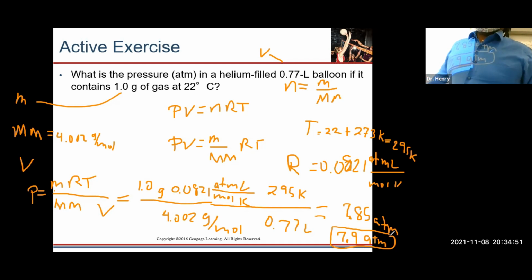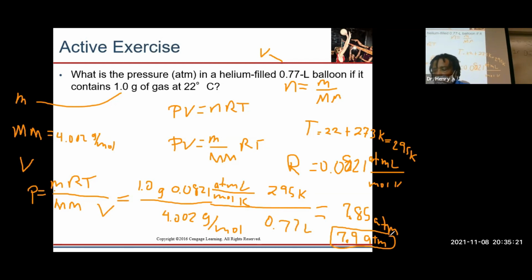R is going to be a constant, but depending on the units you use, it could be a different value. That's something you should know. If you see Fahrenheit, you want to change it to Kelvin. Kelvin is the temperature we want to use in chemistry, for gases.